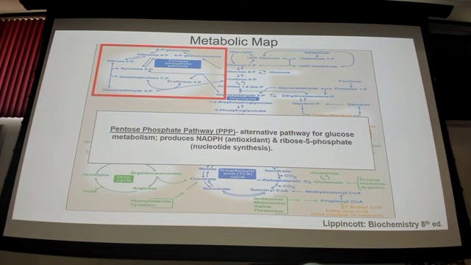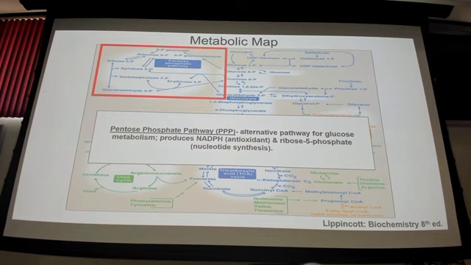So now we're moving to another means of glucose metabolism. This is the pentose phosphate pathway. One of your classmates alluded to this earlier, pentose phosphate pathway. This pathway is also called the HMP, hexose monophosphate shunt. And what this pathway does is that it produces NADPH. NADPH is an important antioxidant.